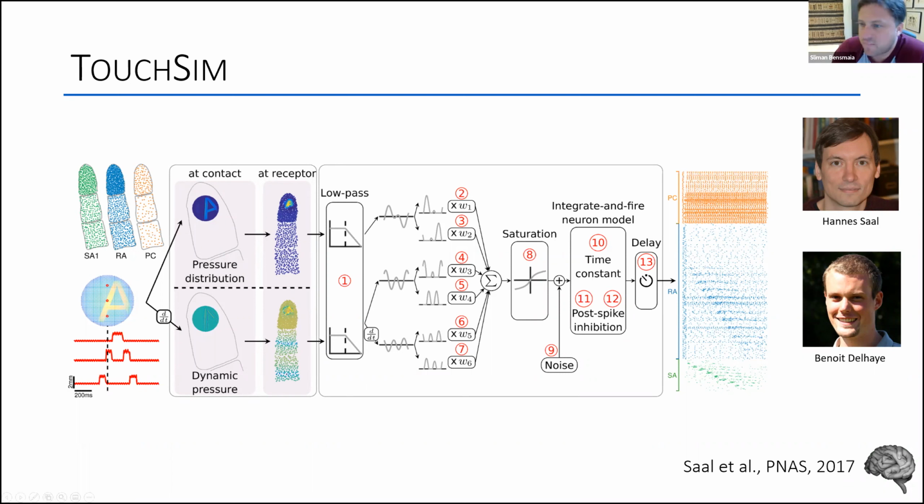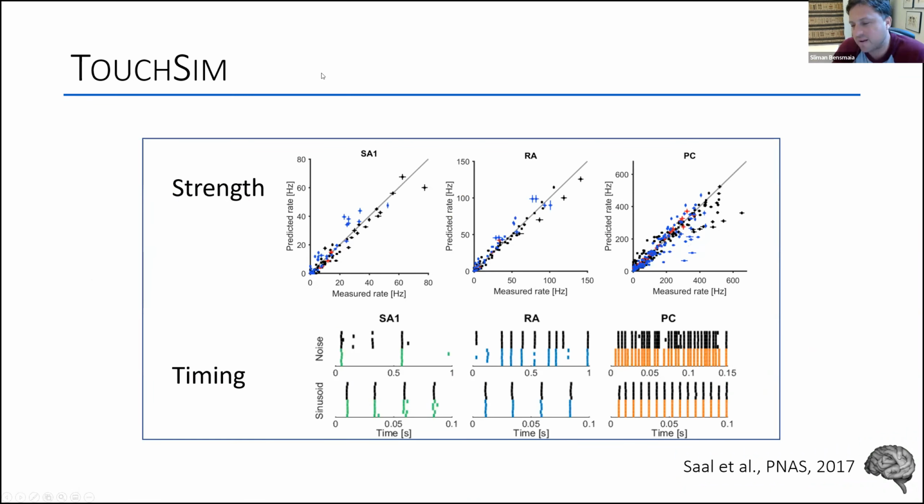Anyways, the details of the model don't matter for the purpose of this talk. The point is that this model just spits out the response of all, well, in this case, 12,000 nerve fibers, because this is built on a monkey, but monkeys and humans have basically identical innervation of the skin. So it spits out how each of these nerve fibers would respond to whatever stimulus you can come up with, right? The point of this PNAS paper is to show how this relatively simple model can reproduce all, or most, of the known response properties of nerve fibers.